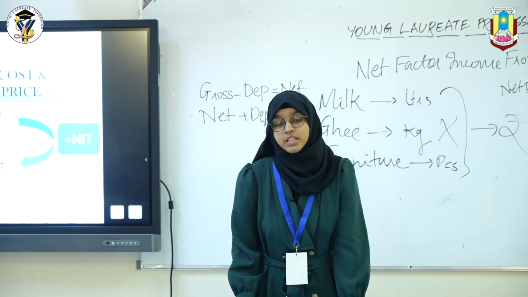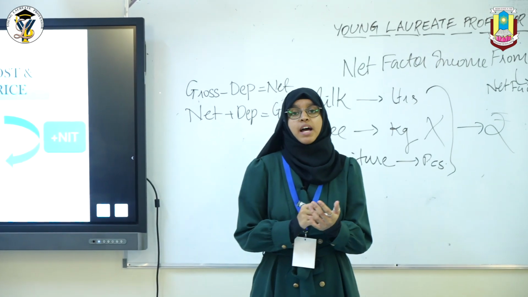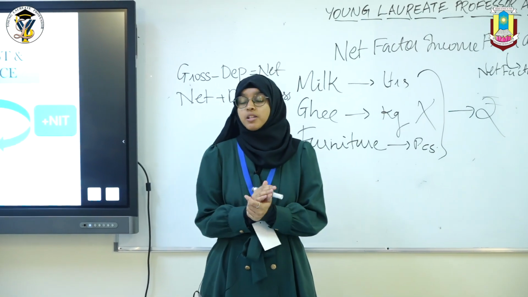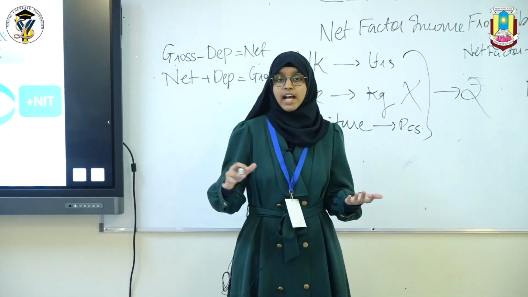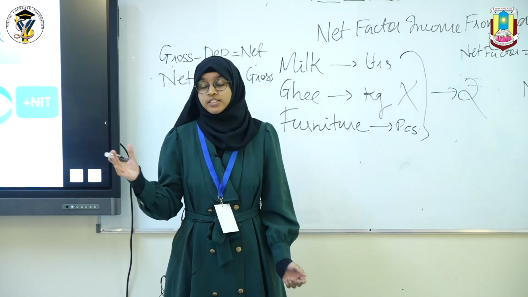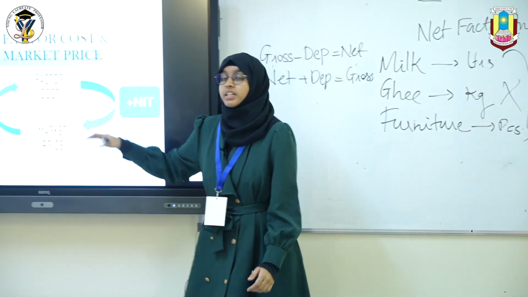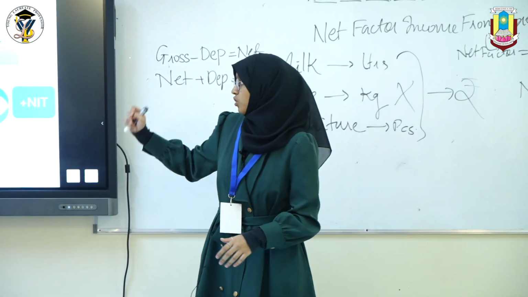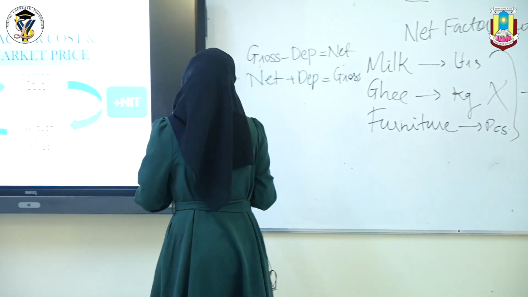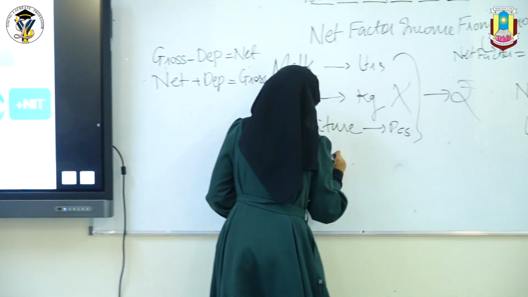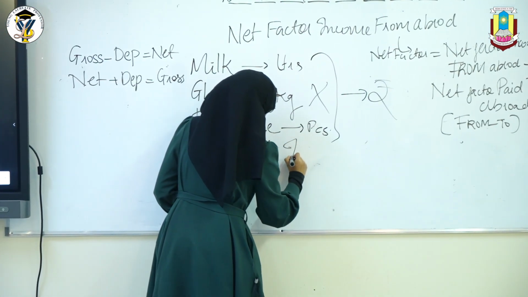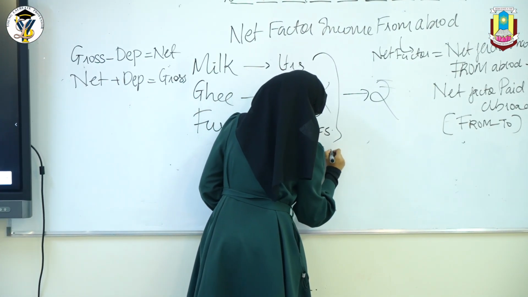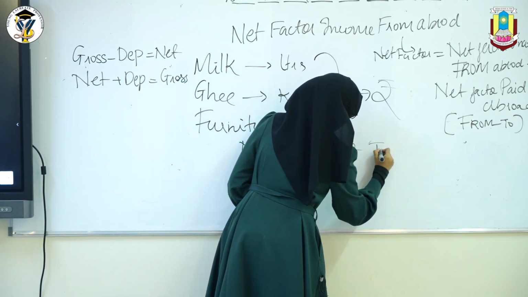I'll give an example. If I buy a pizza today, I will pay the price of the pizza as well as the tax. This will be the market price. But if I pay only the price of the pizza, it will be the factor cost. NIT basically means net indirect taxes.